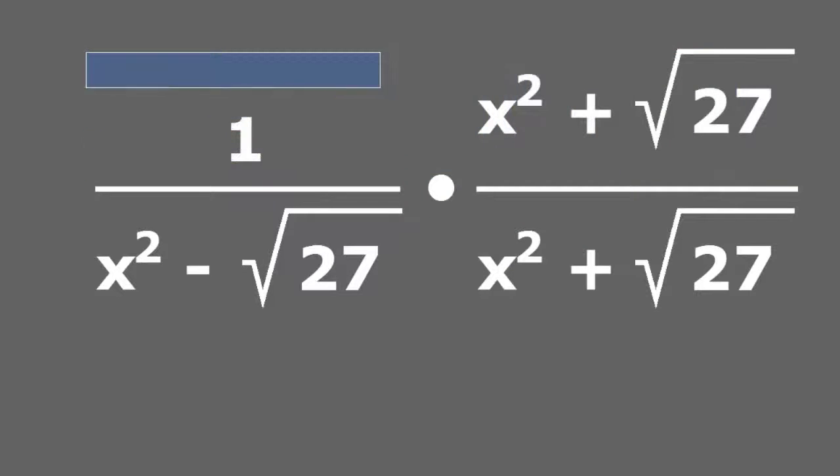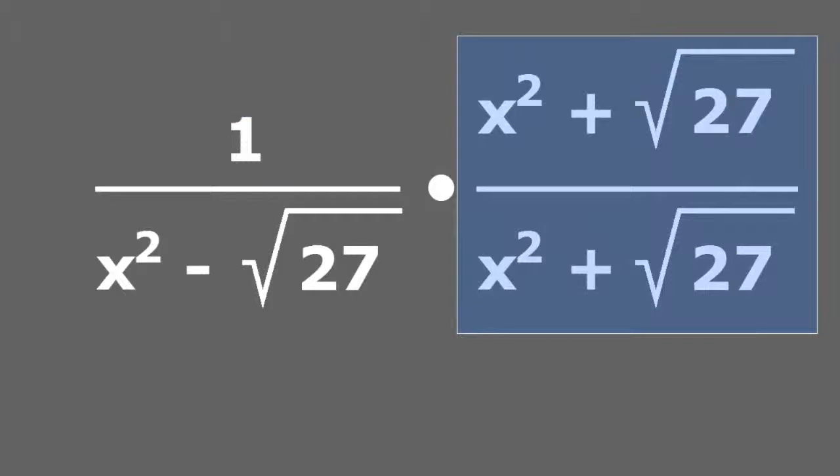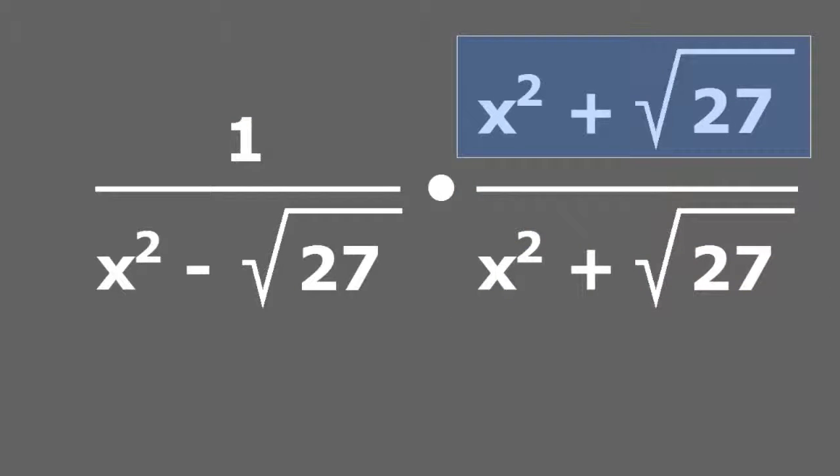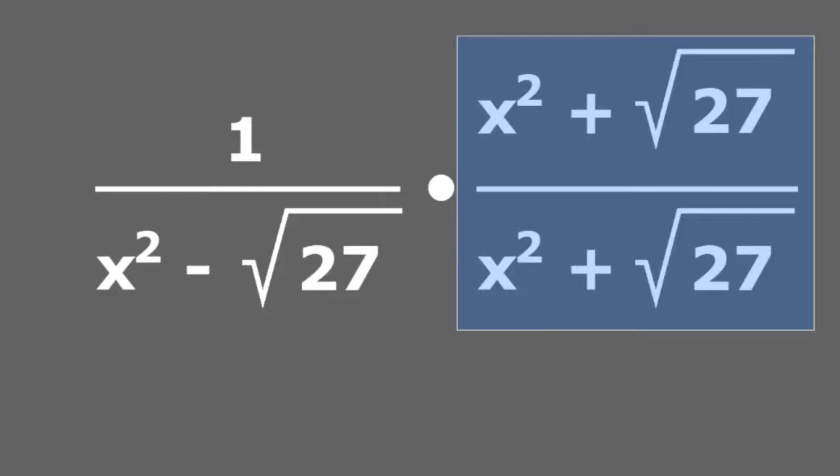Now, just so you know why I can do this, it is because I have the same thing on the numerator and the denominator. Because I have the same thing, this divided by this simply equals 1. So performing this operation is just the same thing as if I was multiplying by 1.